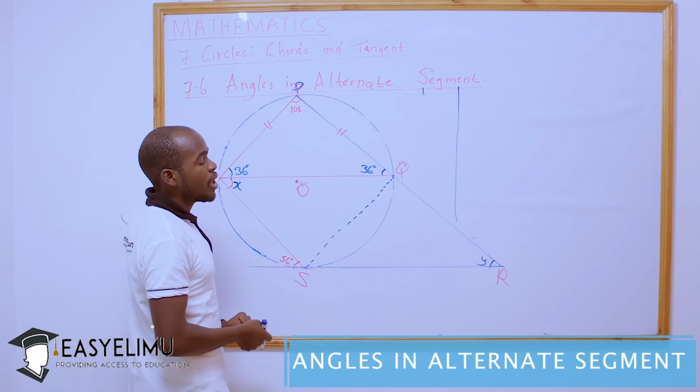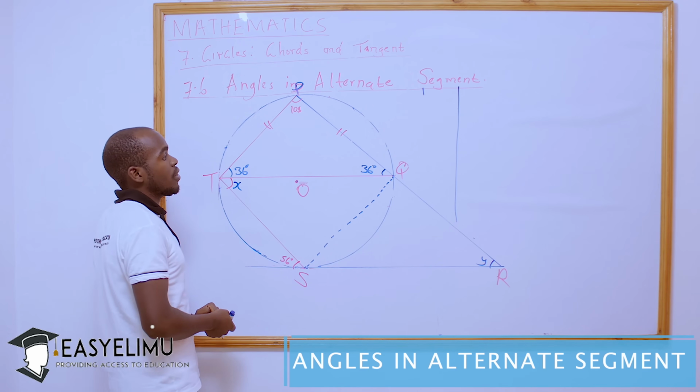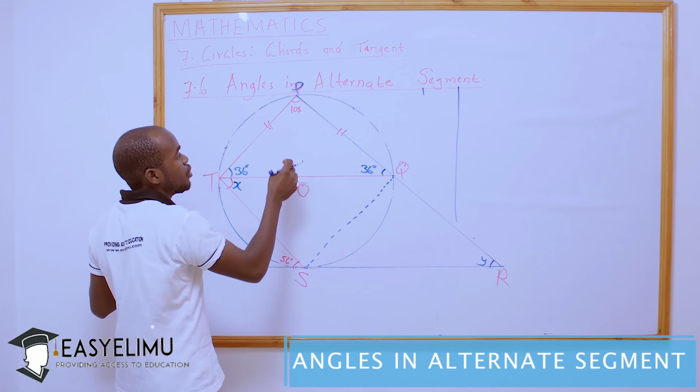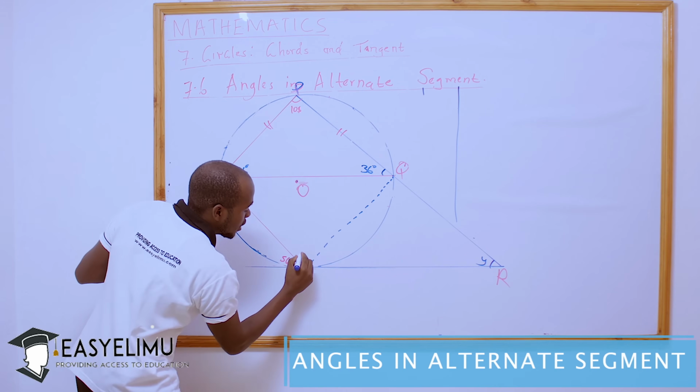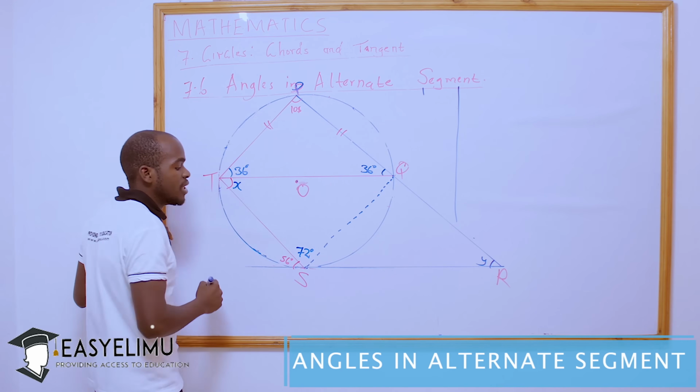So using the cyclic quadrilateral method, 180 minus 108 gives us this angle here. So this angle will be 72 degrees.